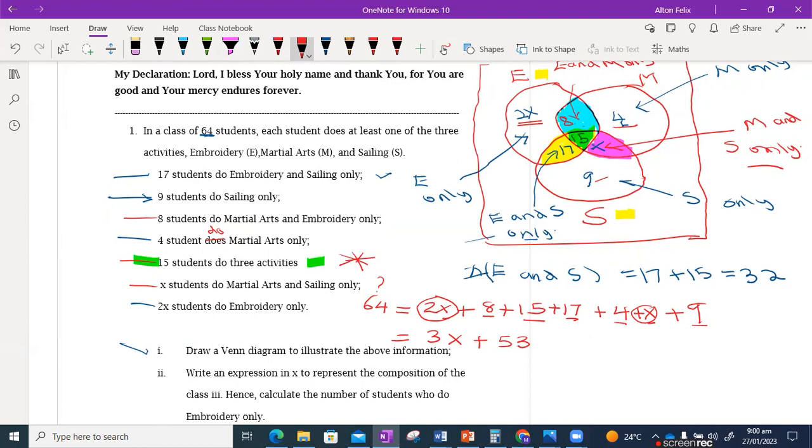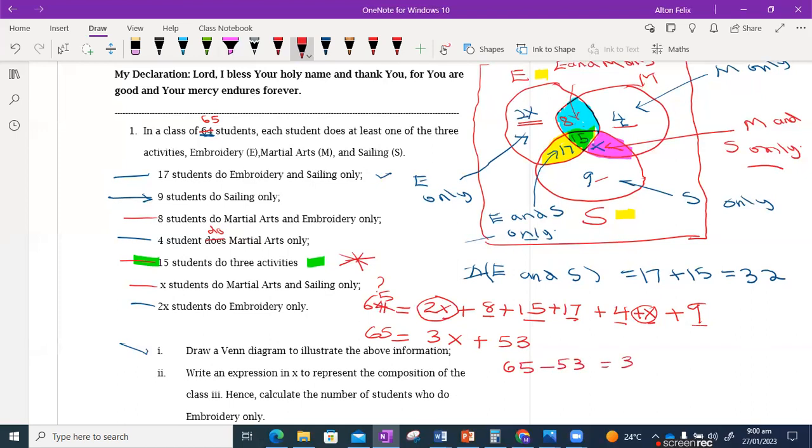64 minus 53, that'll give us 11. We want to make this 65, so it'll work out nice and flush. So I'm going to change that, put 65 students up here. And let's adjust the working. So 65 will equal 3X plus 53. We're going to subtract 53 on both sides.